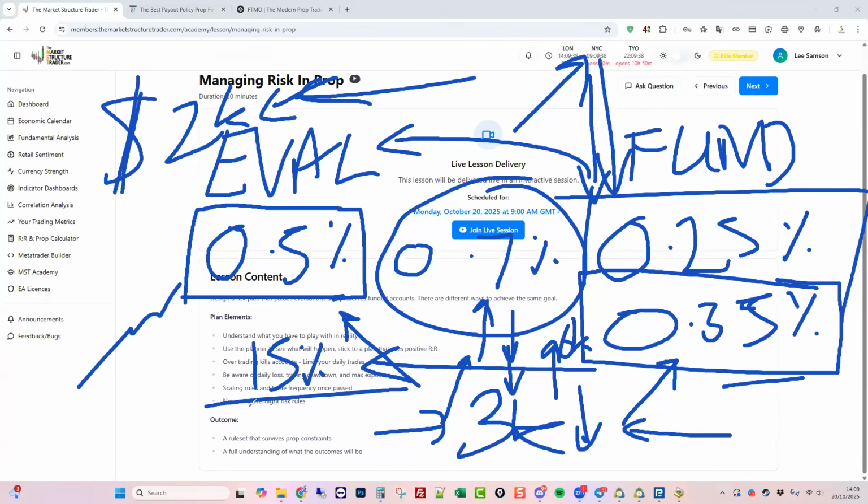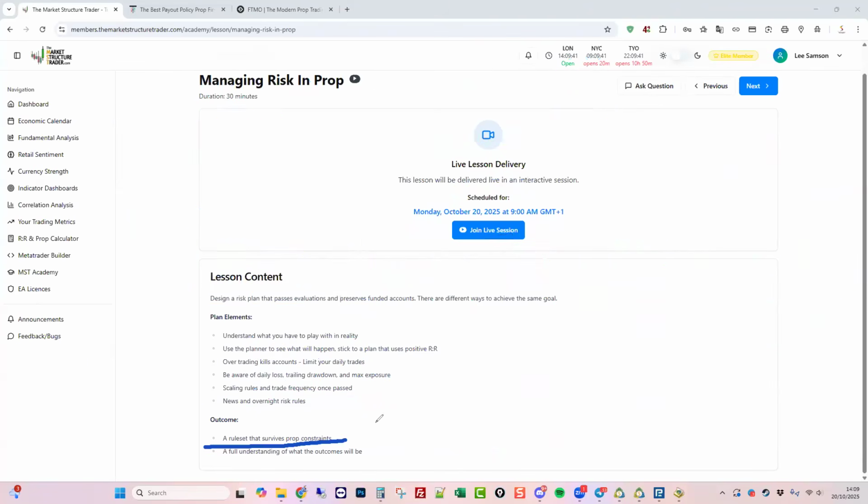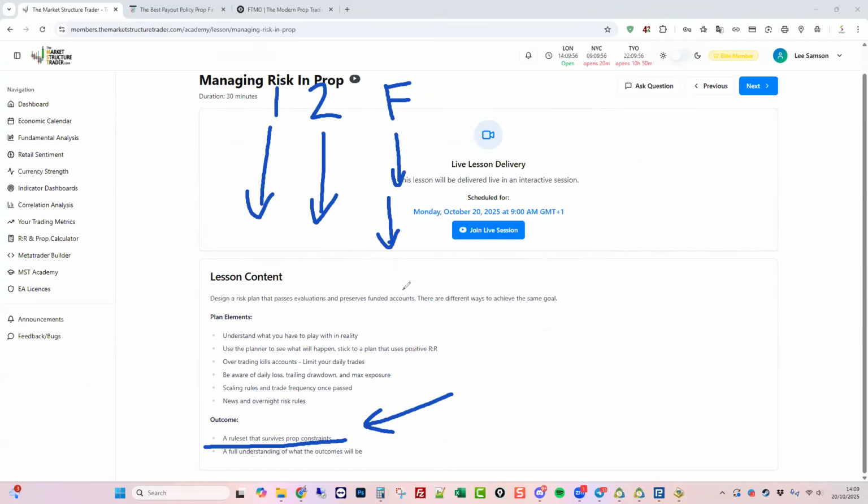Okay, so 2 rules for different trading conditions. If you're doing a 3-step evaluation, the same rules for evaluation run for stage 1 and stage 2. And then when you get funded, we take the risk down by 50%. So drop that risk down because we've got to trade our account up slowly to get paid.